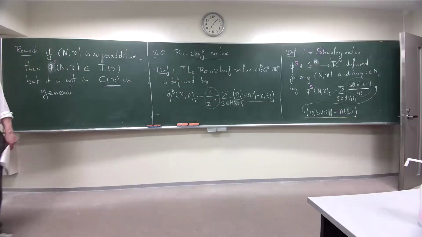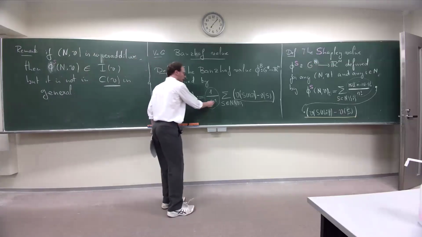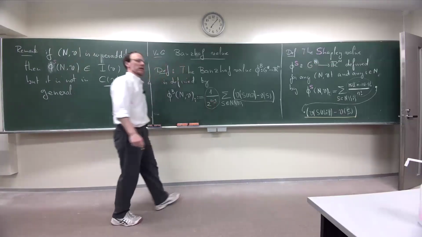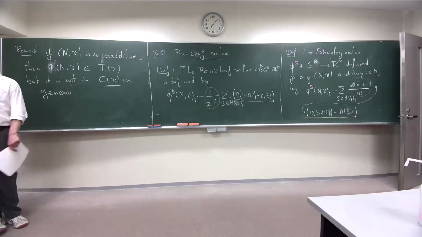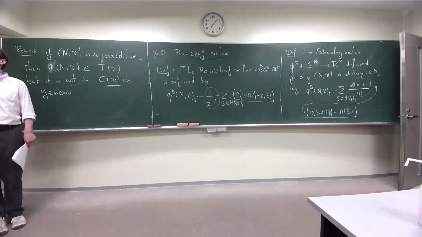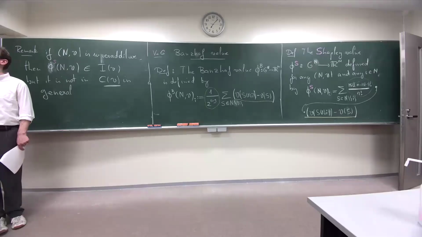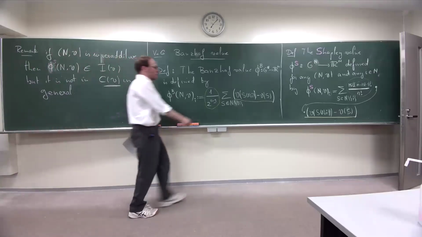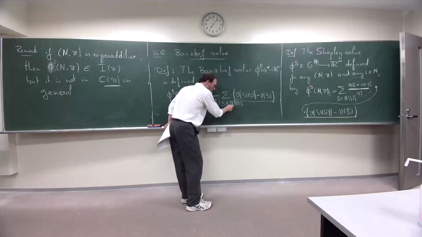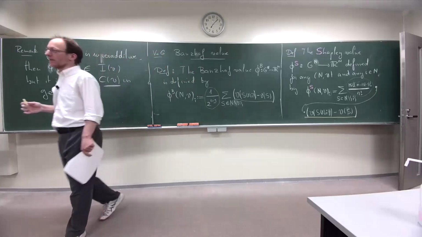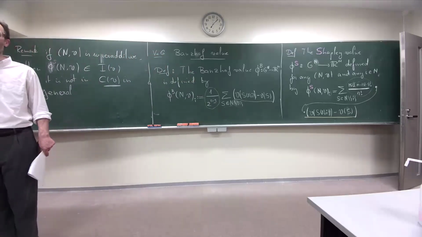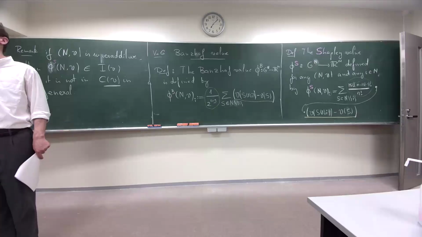You can wonder, where does it come from? Why do we have n minus 1? Can you guess? Not always you, somebody else. Can we guess why we have n minus 1? Look, we are summing over all coalitions of n minus 1 players because we avoid player I. And how many of them do we have?